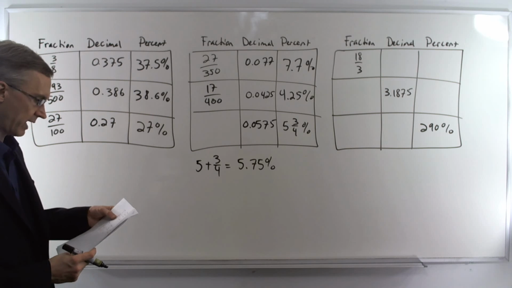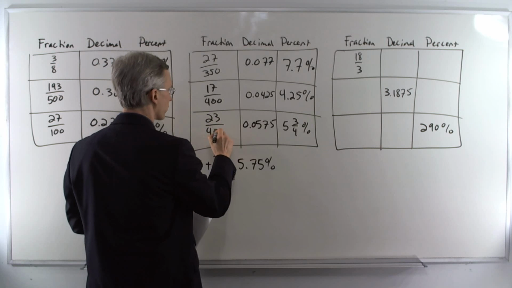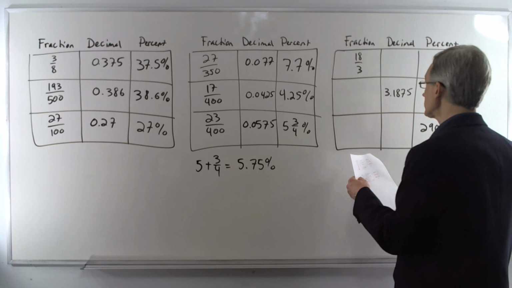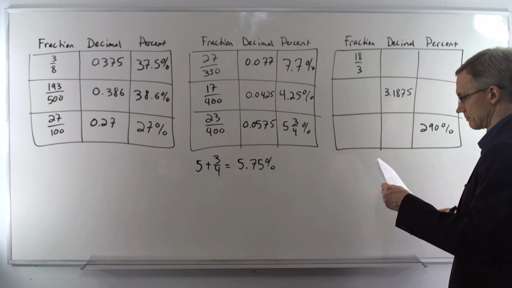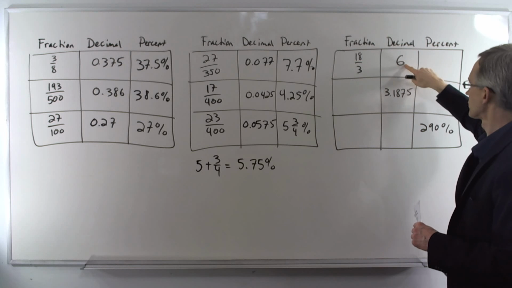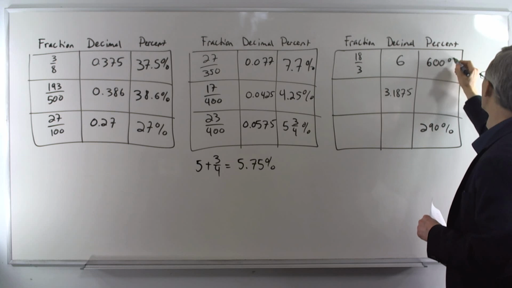And finally convert that to a fraction, 23 over 400. Finally, 18/3. Divide that out, we get the whole number 6. Decimal starts to the right of the 6. 2 to the right gives us 600%.